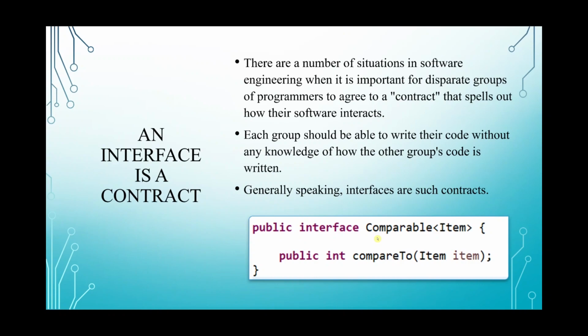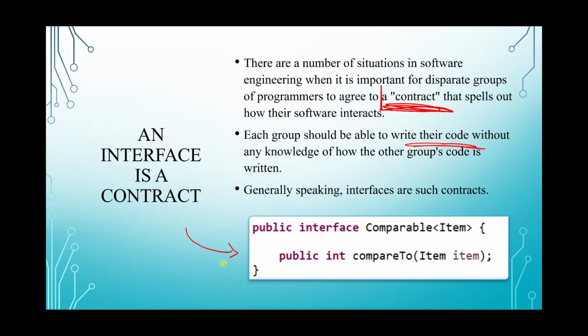So those teams need some kind of contract that spells out how their software interacts, because they're building one software that is formed from more than one entity, right? Each group should be able to write their own code without any knowledge of how the other group's code is written. So generally speaking, interface is a contract.